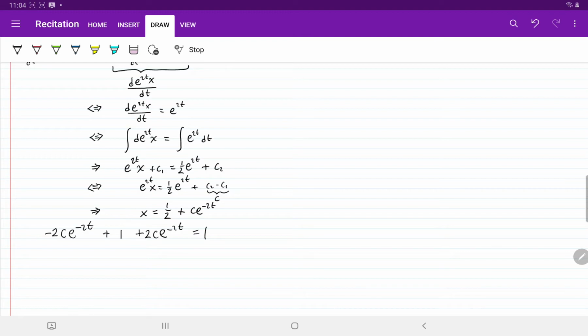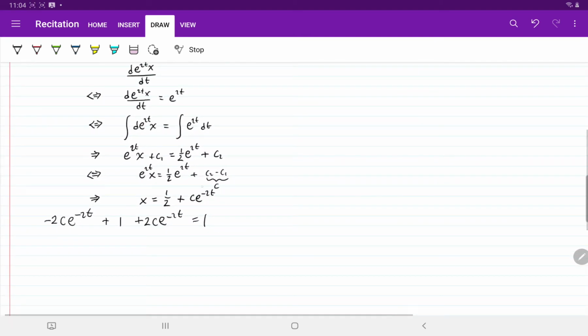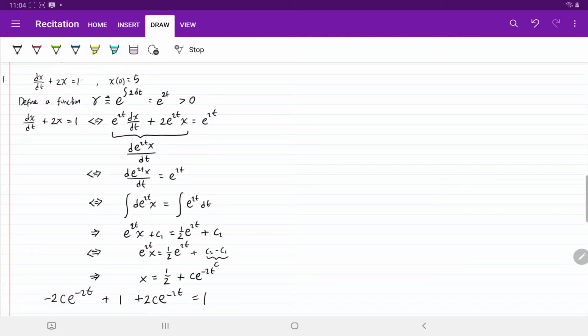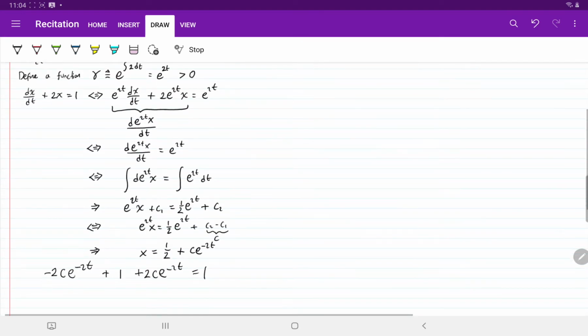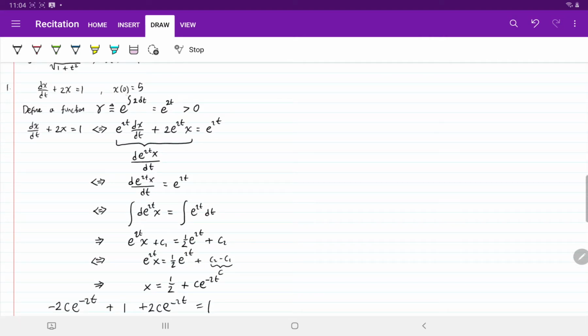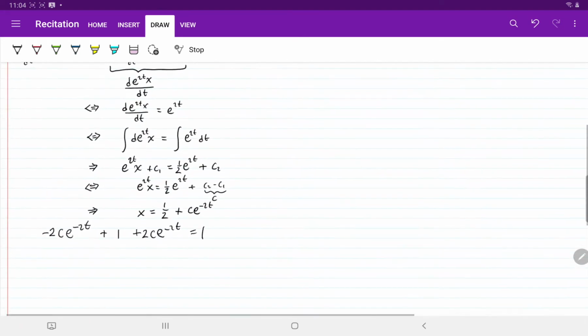So this confirms that x is the general solution of this differential equation, but we haven't really solved it because we need to find c such that it satisfies the initial condition, right?